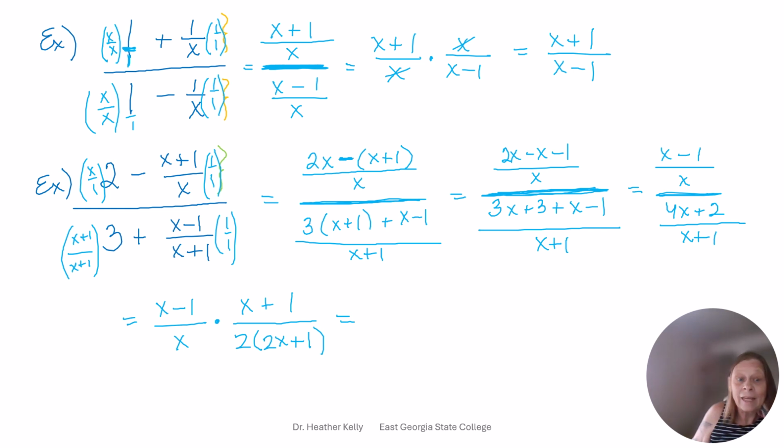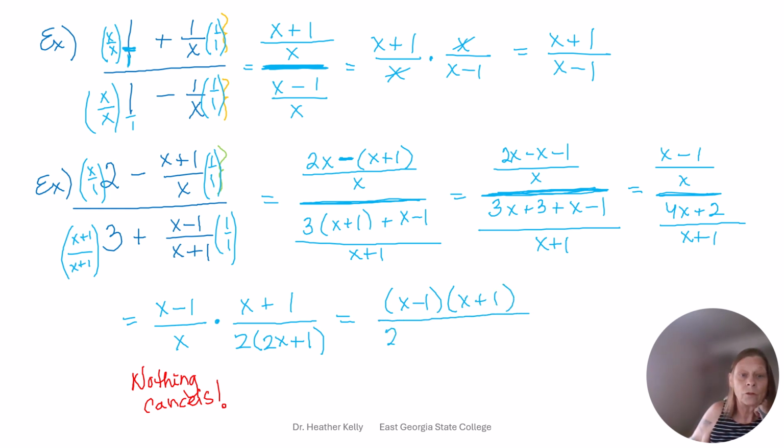No, nothing cancels. But it's beautifully factored now. So let's get our final answer, and our final answer is going to be x minus 1 times x plus 1 over 2x times 2x plus 1.